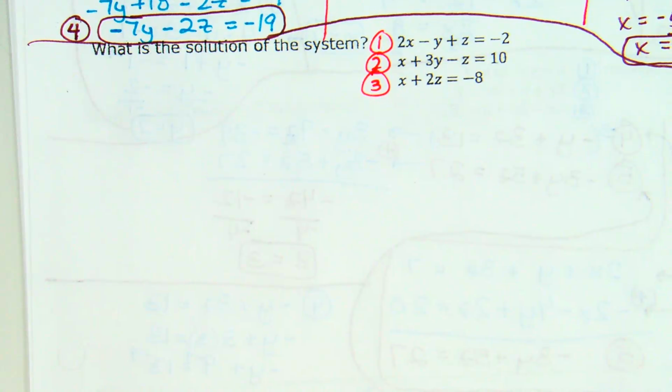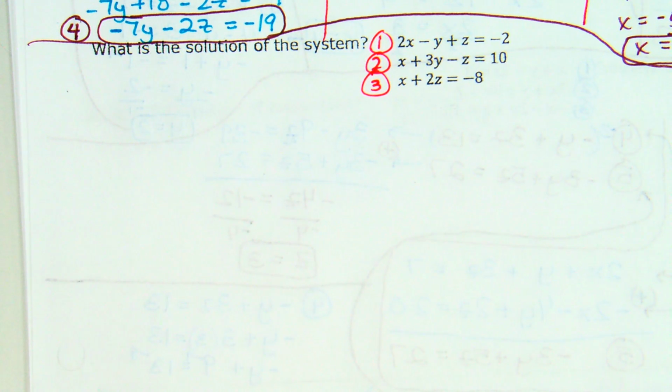What sounds like the best plan here? I like 1. You like 1? Yeah, solving for z. Positive. Okay. So it's a positive z. What are other options?